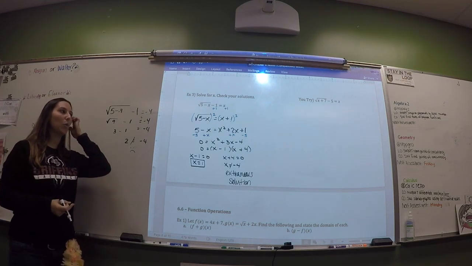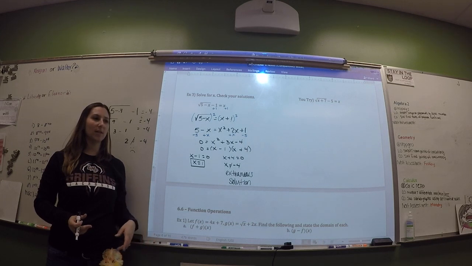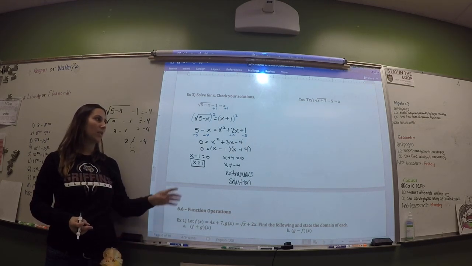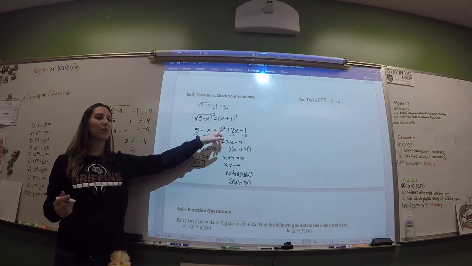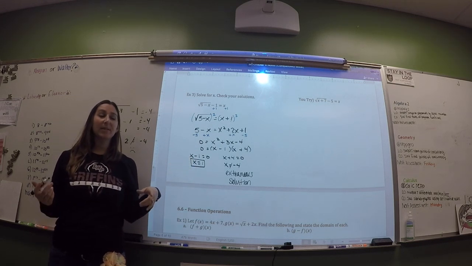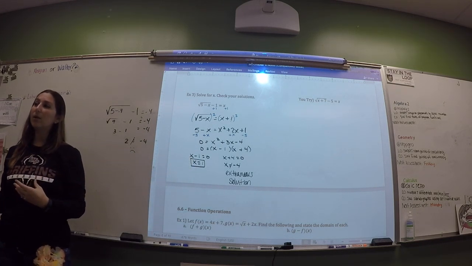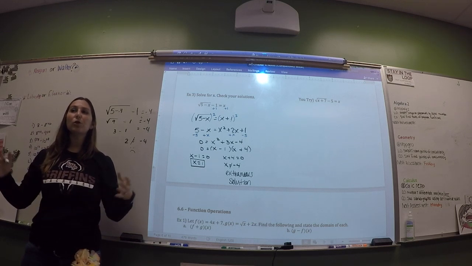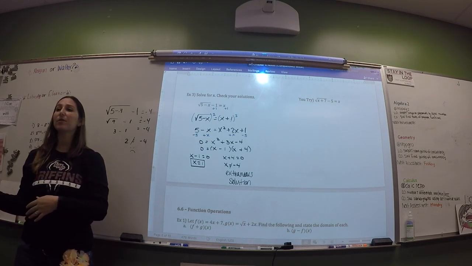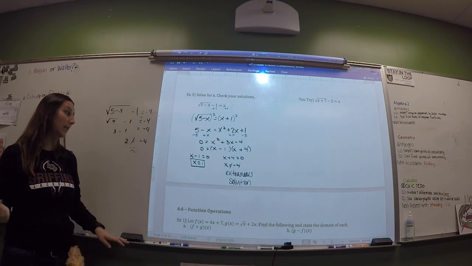I would say the ones that you really want to focus on checking are definitely the ones where you're solving a quadratic, but sometimes even the easy ones can be no solution. And so you'll just do the math and get a solution, and you shouldn't have gotten a solution to begin with.